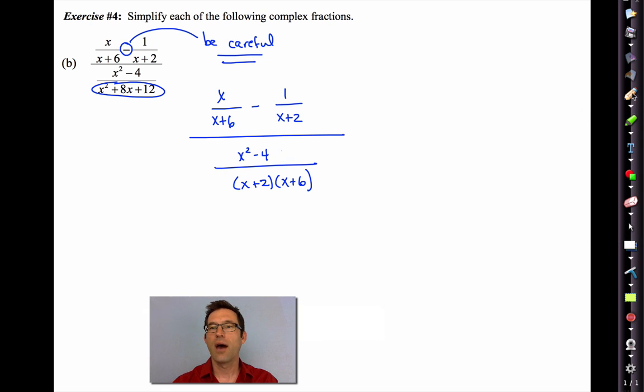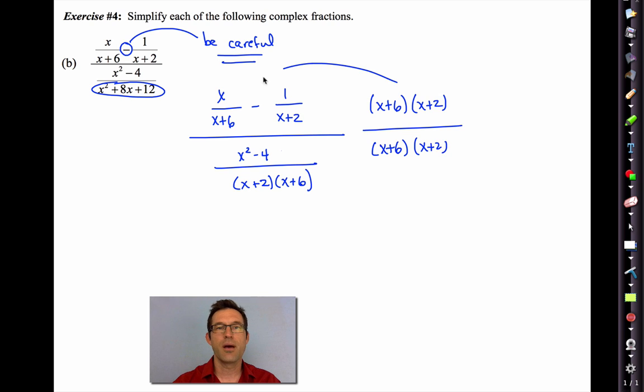Okay? Now, what happens here is very similar to what happened before. It's pretty obvious that what I need to do is multiply both top and bottom of my overall fraction by x plus 6 times x plus 2. Now I'm gonna take a little bit of a shortcut here. In the next step, when I multiply this fraction by this quantity, the x plus 6's are going to cancel.